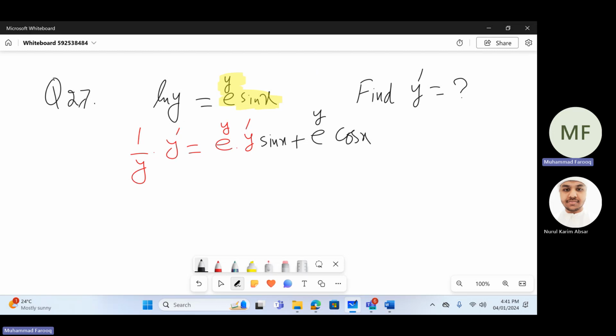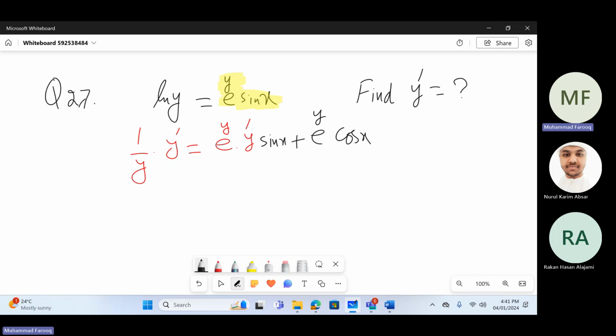There is no common factor between these two. Our target is y prime, so please select only the y prime terms on one side.